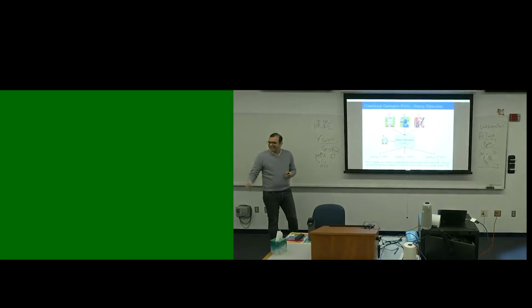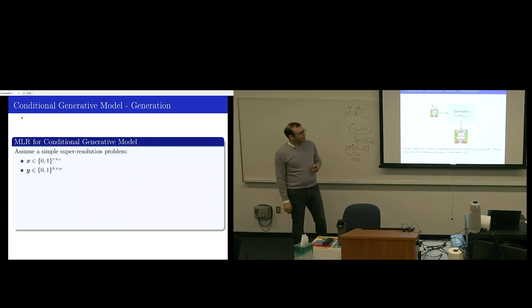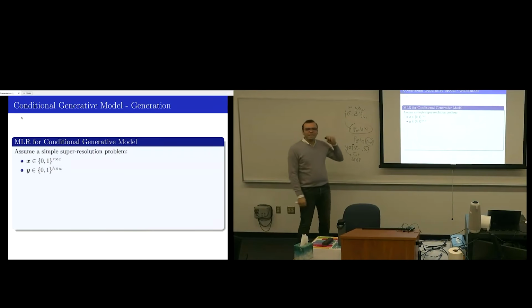As he said, the problem is dimensionality. The dimensionality is the main important problem, and I have an example here of why we cannot use our supervised learning models for a generative model.